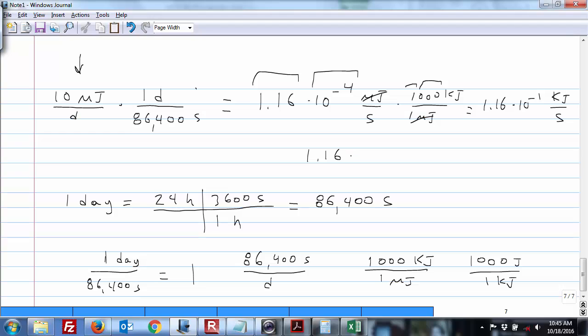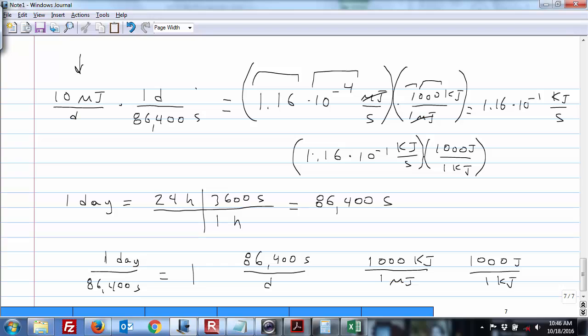So 1.16 times 10 to the minus 1 kilojoules per second times, I'm going to use parens here, this is getting a little bit clunky, let's put this whole thing in parens, a little easier to see, times 1,000 joules per 1 kilojoule.